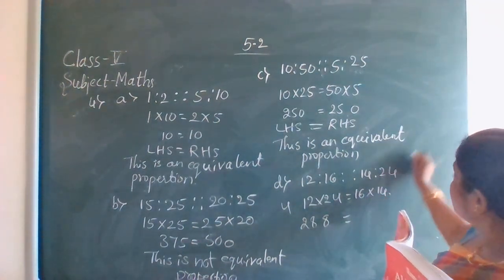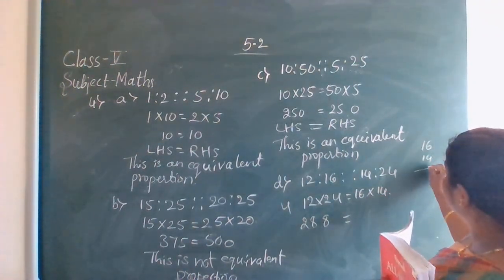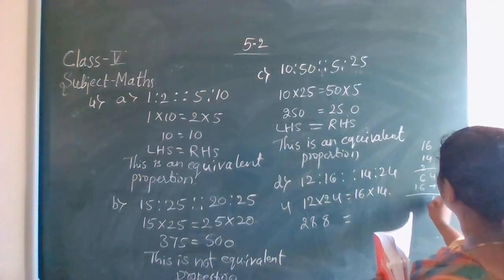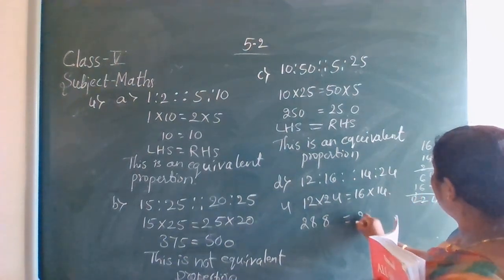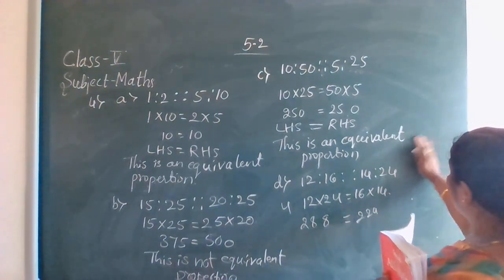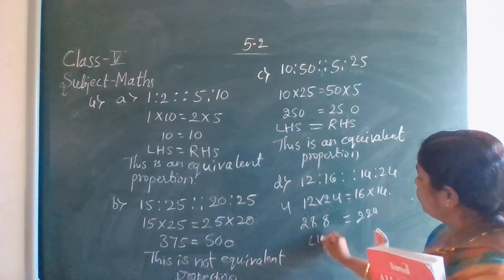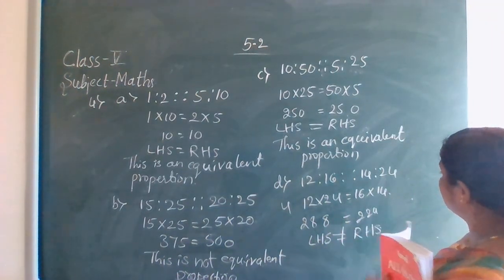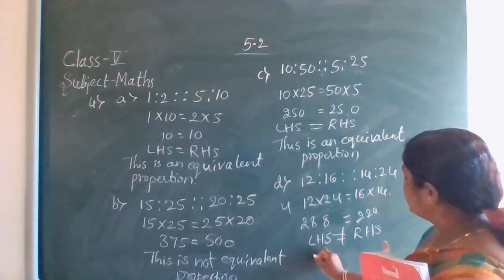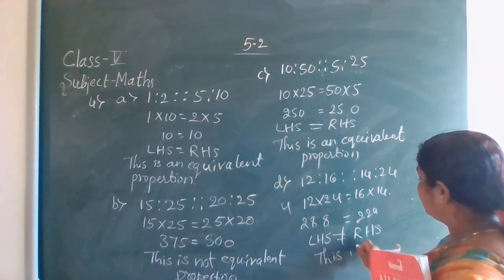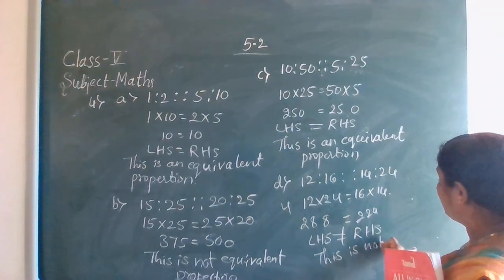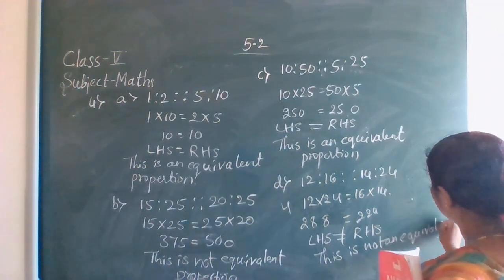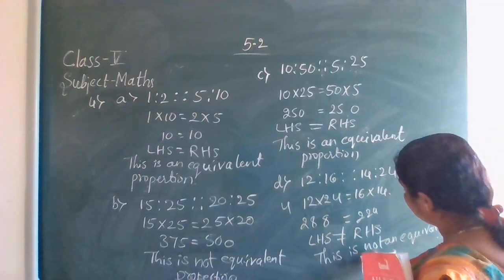Next 14, this you have to multiply. So LHS is not equal to RHS. So this is not an equivalent proportion.